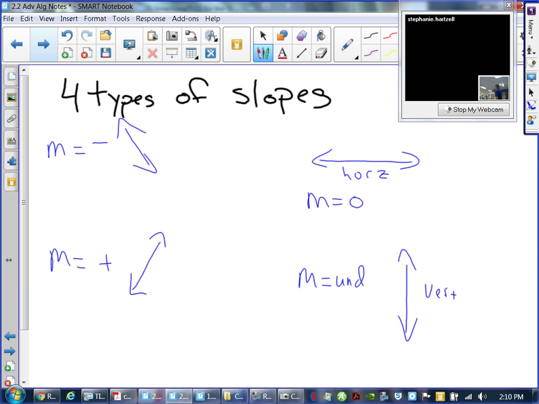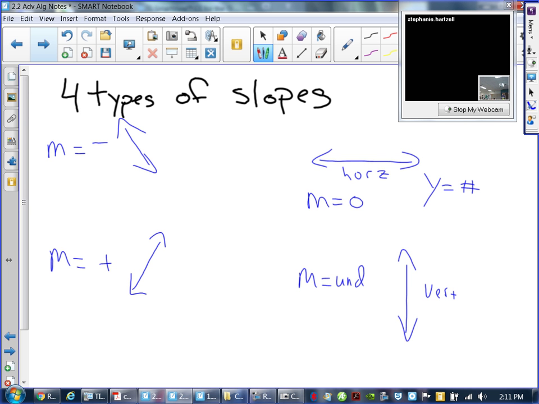Y equals B. And you're right, because what is B? The y-intercept. So the equation of every single horizontal line is always y equals a number. That number is the y-intercept.